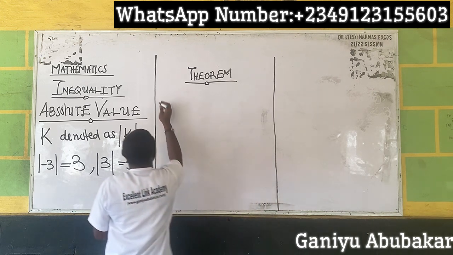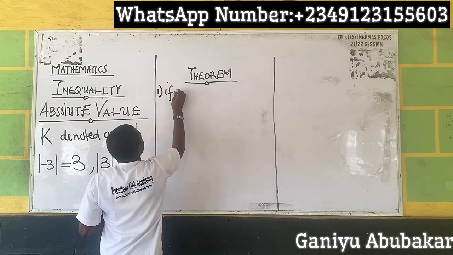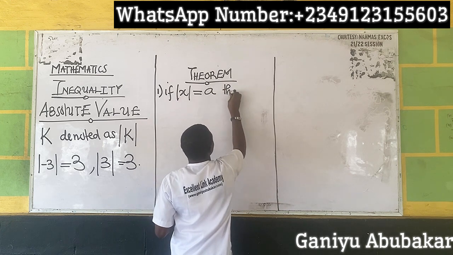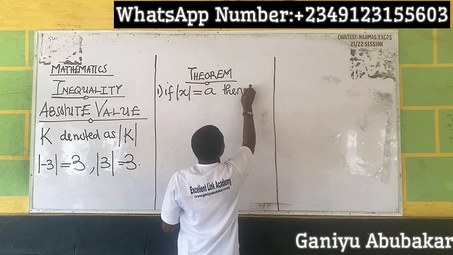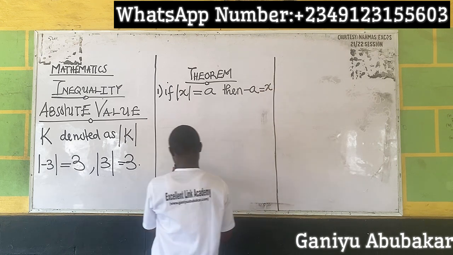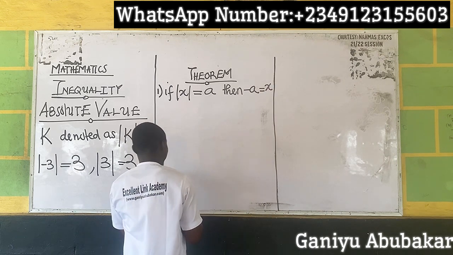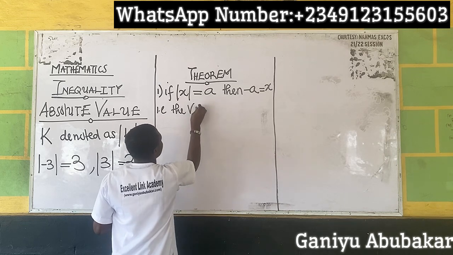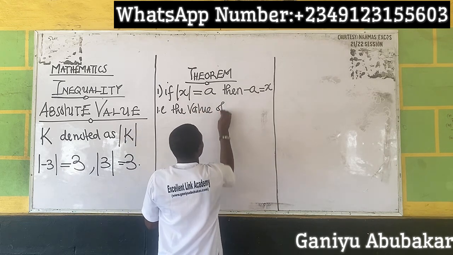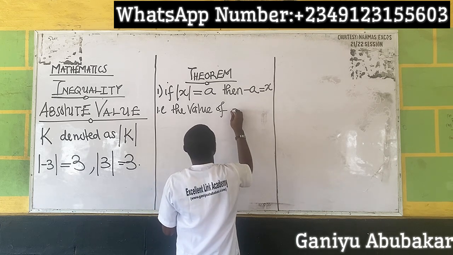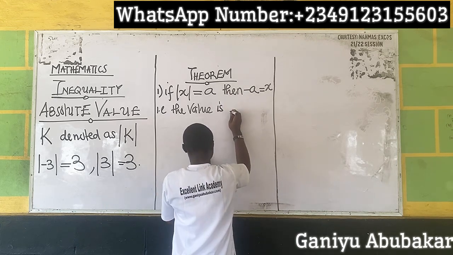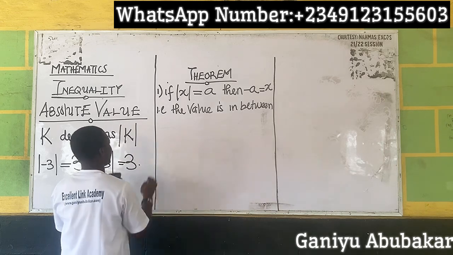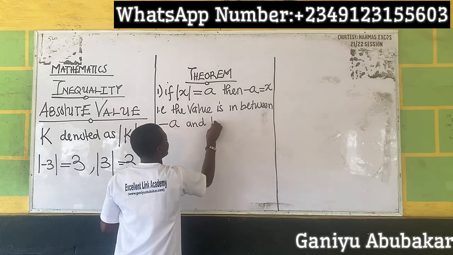The first theorem says, if the absolute value of x is equal to a, then negative a is equal to x, that is, the value is in between negative a and positive a.